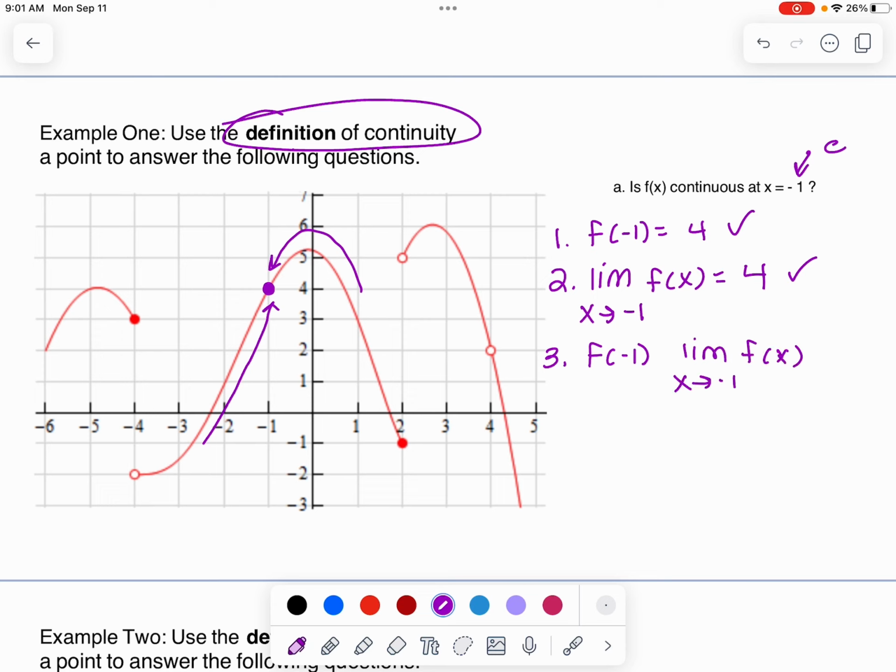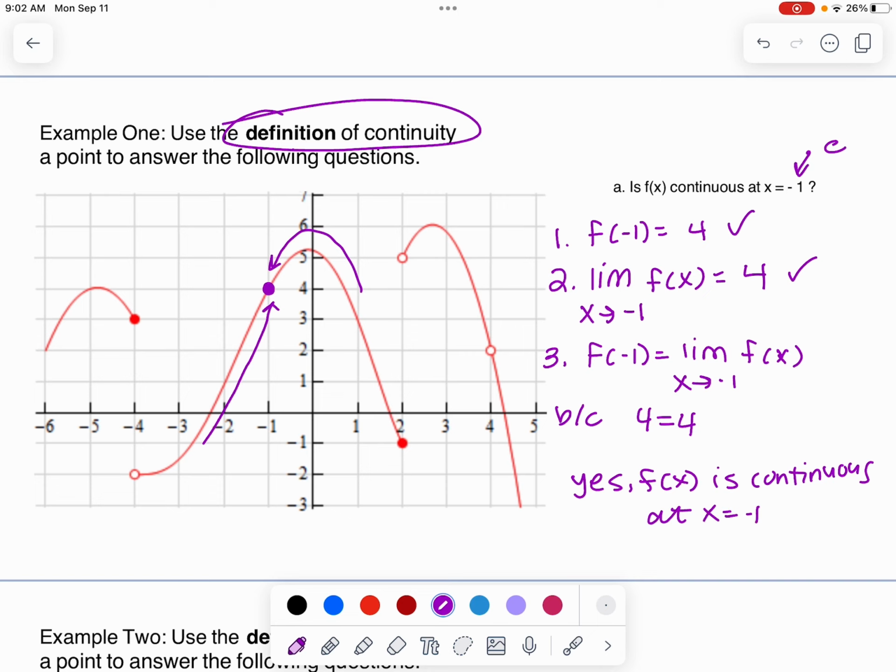And the answer is yes, because 4 equals 4. The third part is pretty easy because you've already done most of the work. Because the limit and the point are the same thing, yes, f of x is continuous at x equals -1.